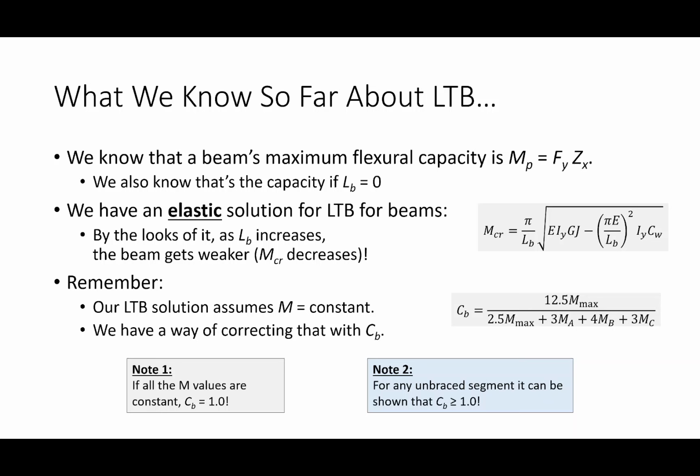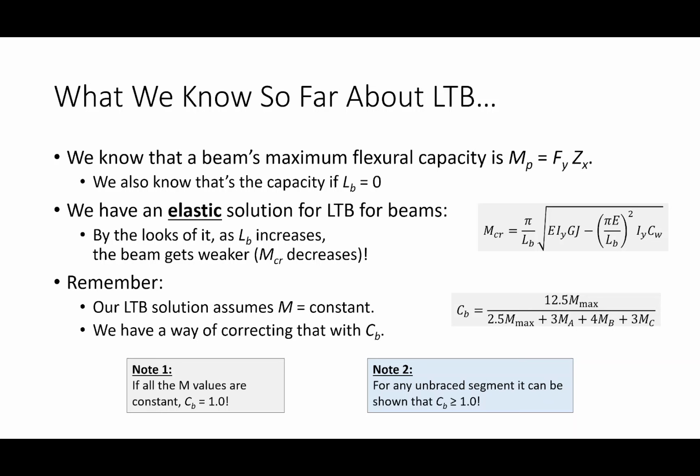So if the moment is constant, CB is 1, and I'm effectively taking this solution and multiplying it by 1, so I'm not changing it, right? So does CB still work if the moment is constant? Yes. Okay? Now, what I propose is that C sub B for any unbraced segment is either going to be equal to 1 or it's going to be greater than 1 based on the configuration of the expression.